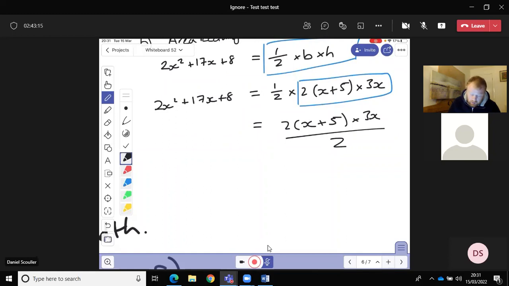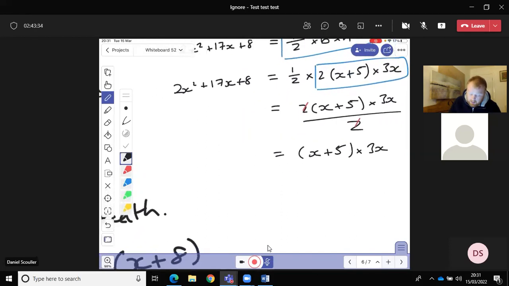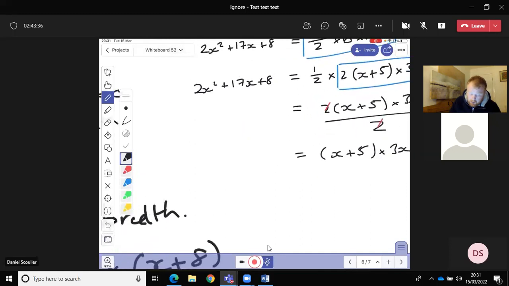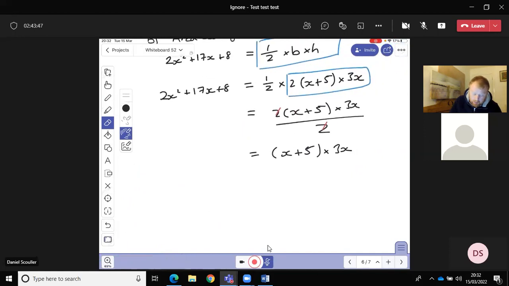Or you could just get rid of that at this stage, like that, and that 3x multiplied by 3x. It's a wee bit messy, especially as I'm working down here, so we need to be careful how we're breaking that up.